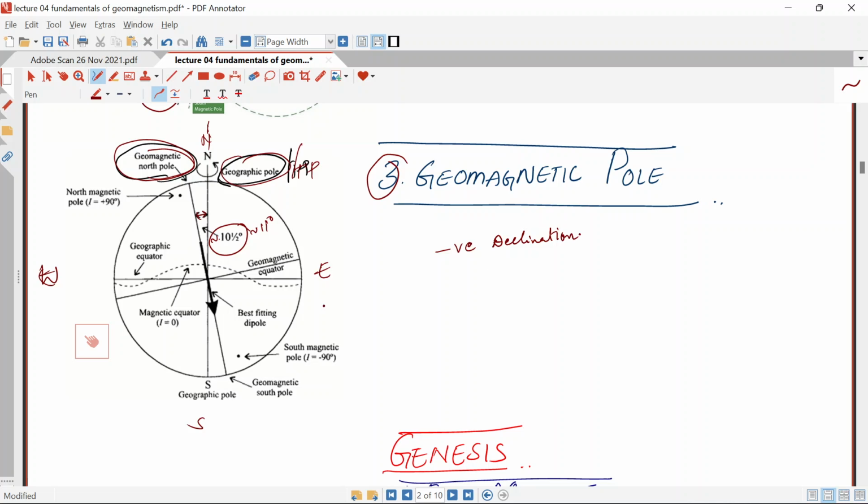This we'll see later. And if it is towards the eastern side, then it is positive. So this we need to know from this diagram.